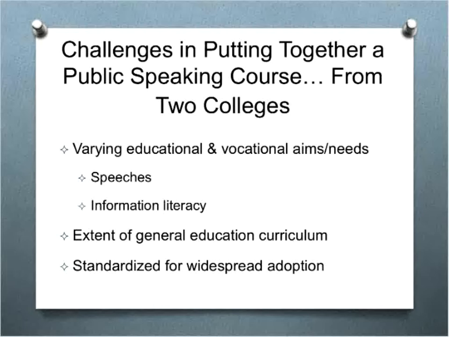Phil was saying, we need to have representation for people out there who have similar aims and goals to what he has on the vocational side. And I said, well, what about faculty out there who have the information literacy needs that I have?